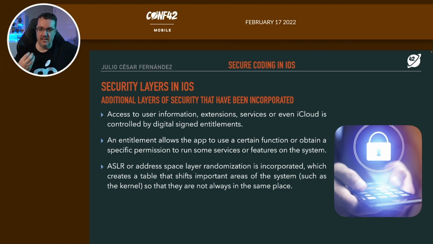This is a kind of security that is in each operating system like Windows, Linux, etc. This function creates a table that shifts important areas of the system, such as the kernel, so that they are not always in the same place, and your process must have permission to ask about these tables to know what the memory address of the kernel or other important parts of the operating system is, to access them.